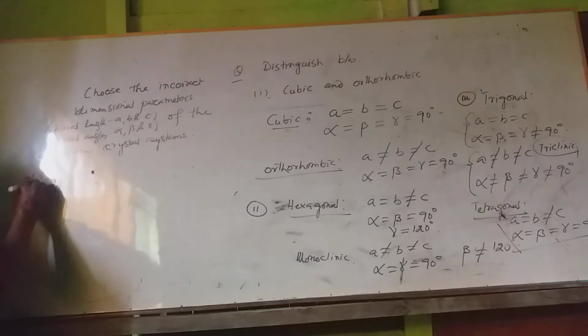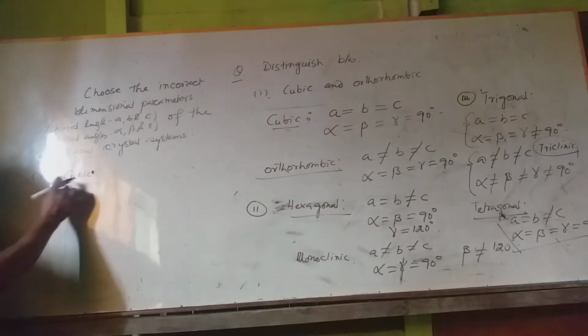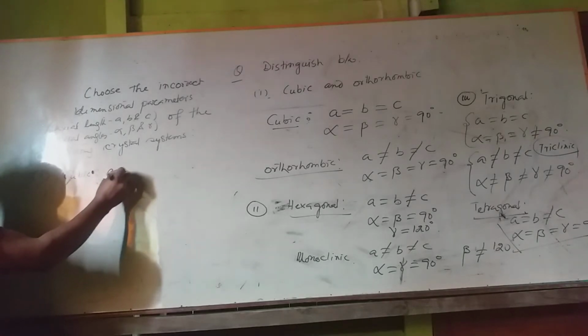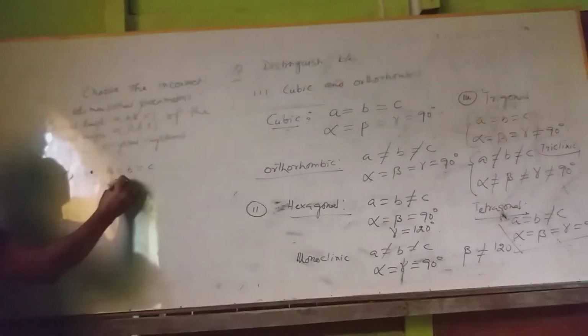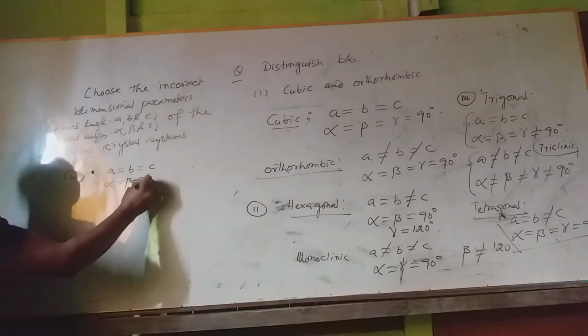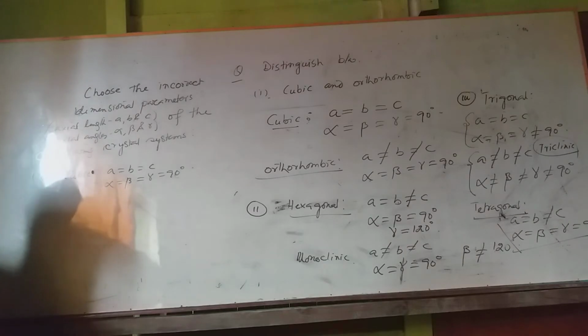Number one, cubic. I mention the correct one: A is equal to B is equal to C, and axial angles alpha, beta, gamma are equal to 90 degrees. This one is the correct dimensional parameter.